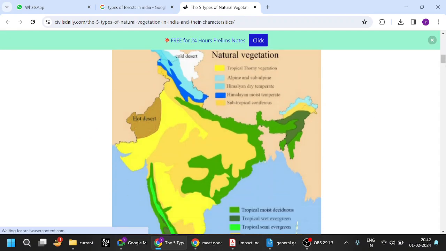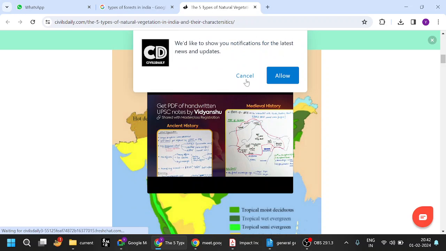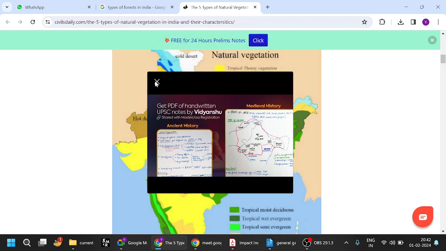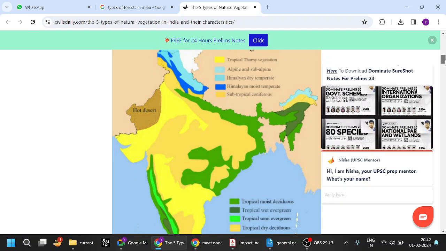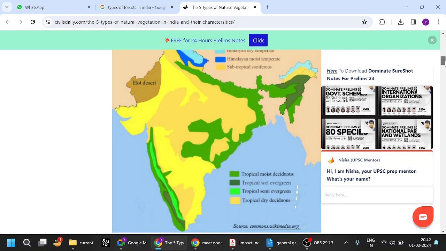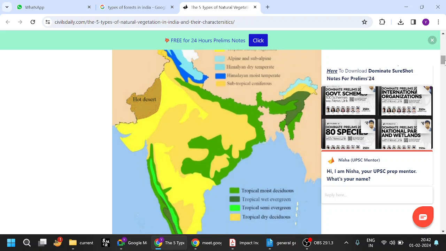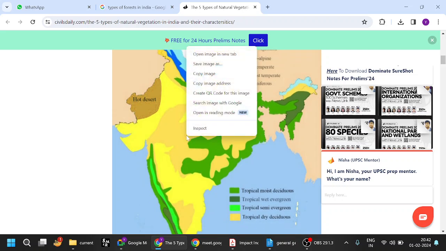Natural vegetation: tropical moist, tropical thorny, alpine, Himalayan, subtropical.